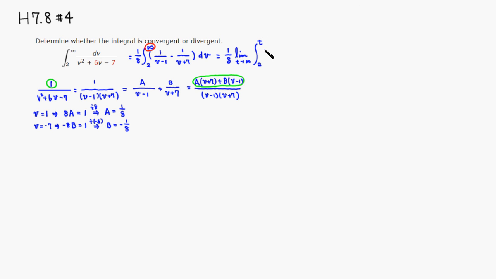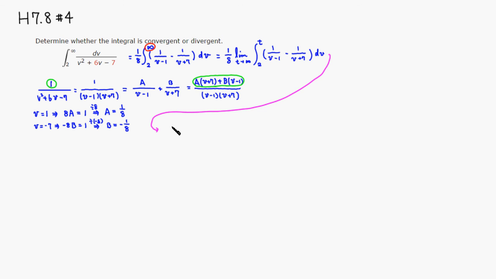Everything else is the same: 1 over v minus 1 minus 1 over v plus 7 with respect to v. Then I'm going to go down here so that we have more room.